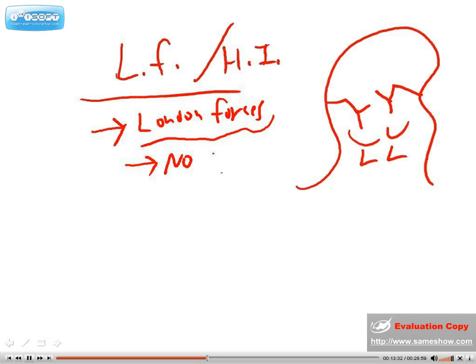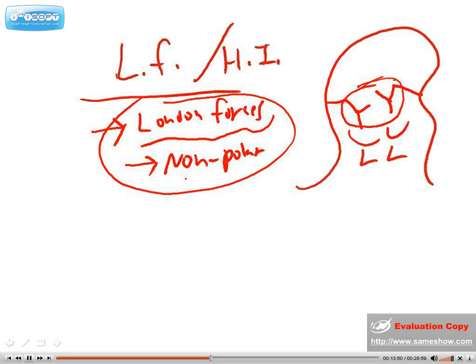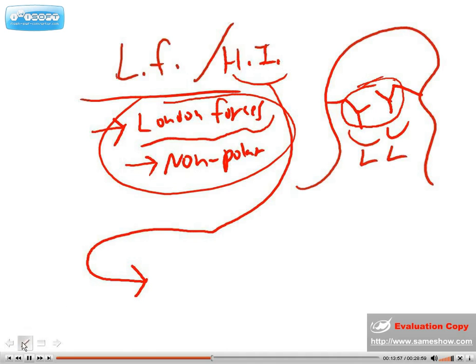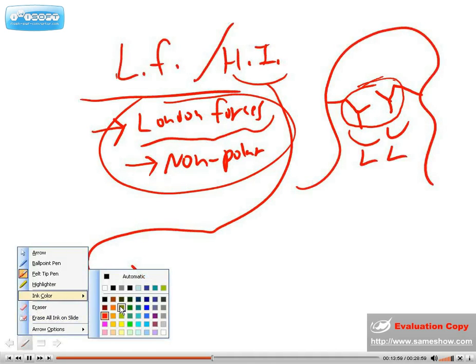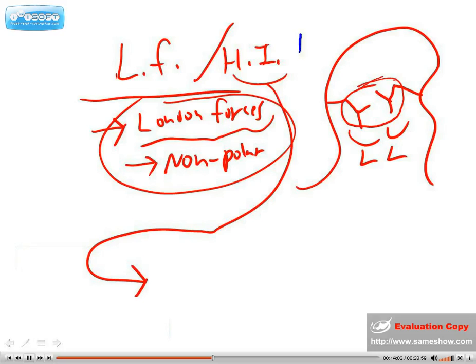Notice the London force side chains are nonpolar. So the nonpolar side chains are going to want to be attracted to each other. Now, at the same time that London forces is occurring, because it's nonpolar, you also have hydrophobic interactions. This is where you have water molecules.